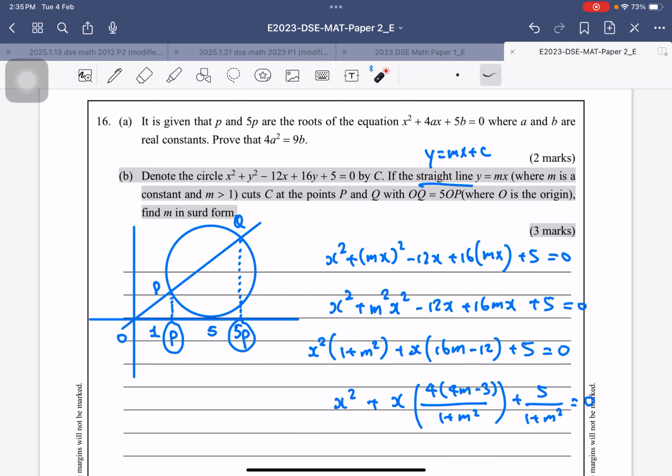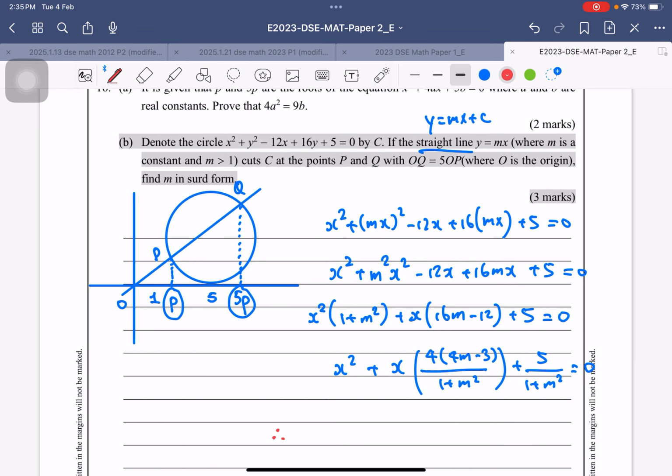So now we compare the equation. What is the value of a? What is the value of b? 4a equals this expression. 4a is the coefficient of x, and the whole thing here is the coefficient of x as well. Both of them have the 4, so I can eliminate the 4. So a is equal to 4m minus 3 divided by 1 plus m squared.